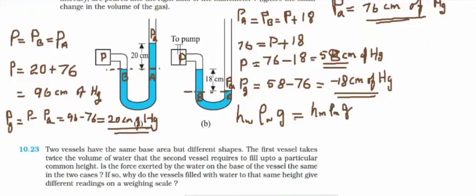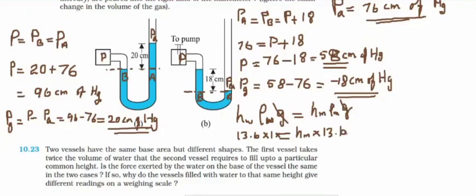What will be the corresponding height of mercury for 13.6 centimeter of water? Water relative density is 1. Here g will be cancelled, so this is equal to H_M, which we want to calculate. Relative density of mercury is 13.6.